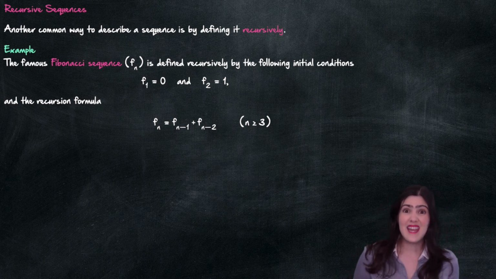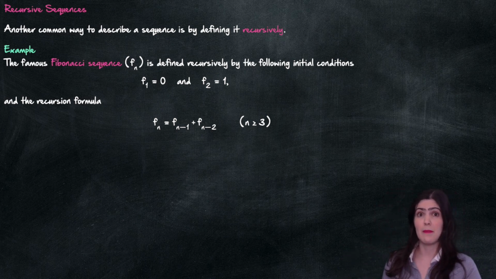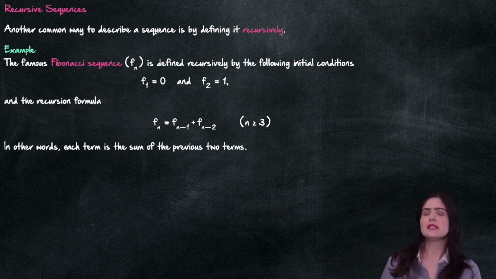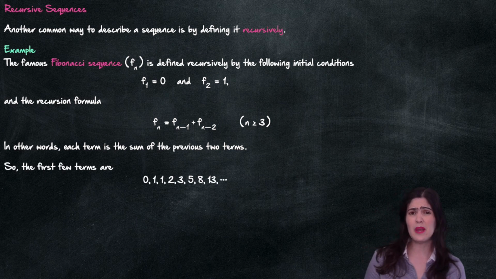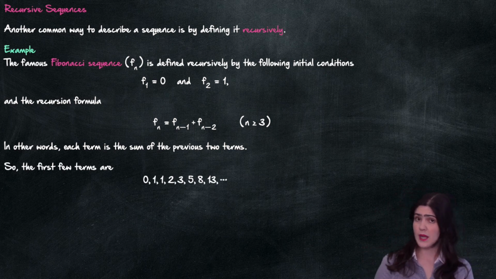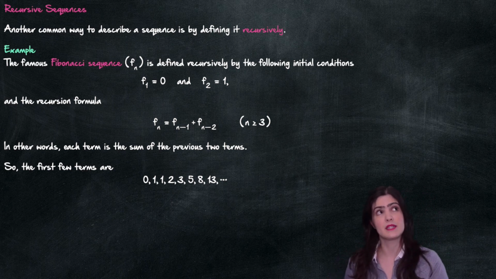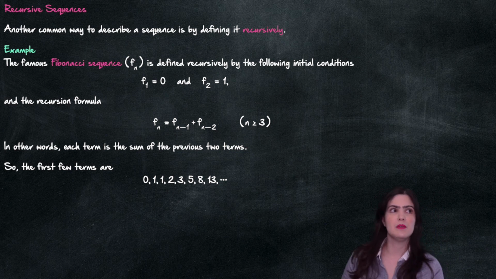Then for the next terms, it defines f of n as f of n minus 1 plus f of n minus 2. So each term is the sum of the previous two terms. And here we have the first few terms: 0, 1, 0 plus 1 is 1, so the next one is 1, 1 plus 1 is 2, so the next term is 2, 2 plus 1 is 3, and 3 plus 2 is 5, and so on.